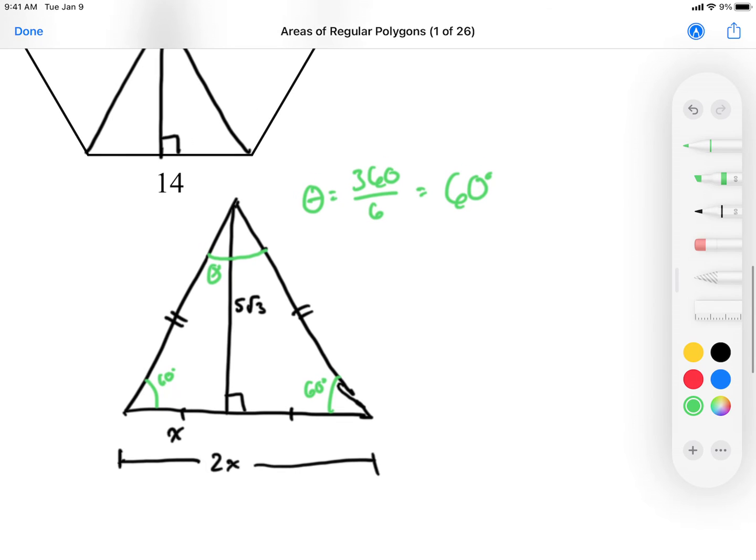But what I can do from here is I recognize this is a right triangle. The right-hand side is a right triangle. And I know that this angle down here is 60 degrees, which means, what does this angle right here have to be?